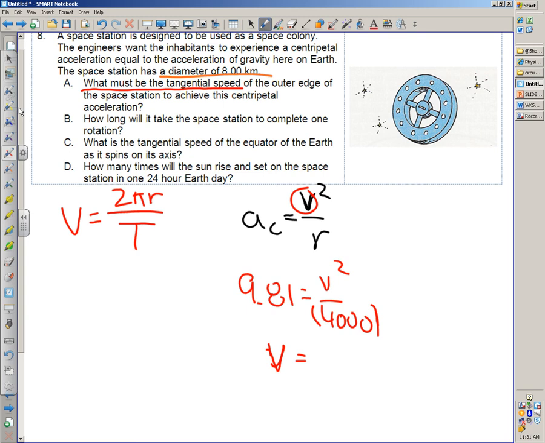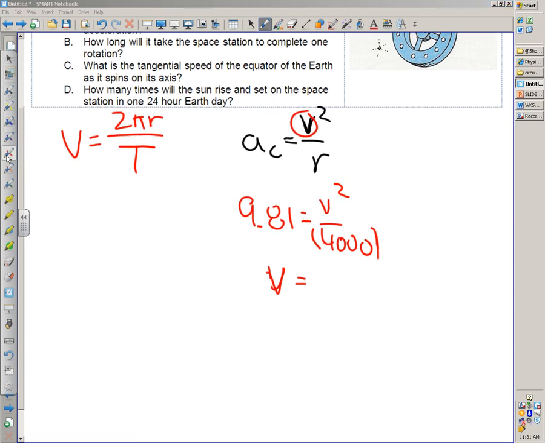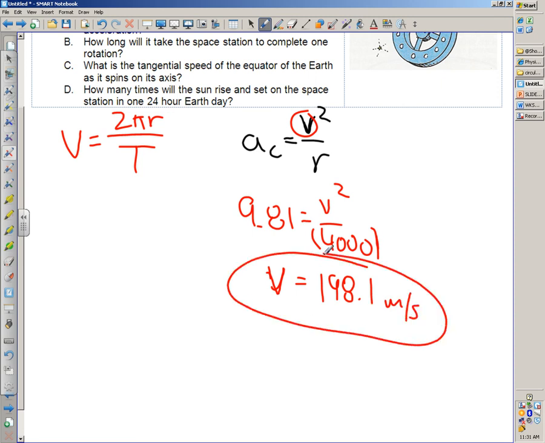And then you don't want kilometers, you want meters. 39,240. Oh, take the square root. 198.090888. How about if we go with that? We can go with that, yes. So that would be the tangential speed that this space station would have to go in order to give us an acceleration equal to 9.81. Okay? Is that good there?